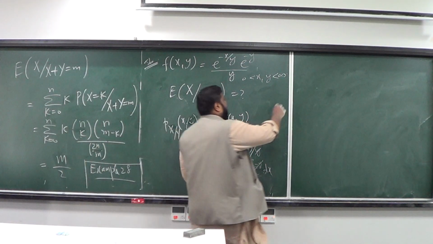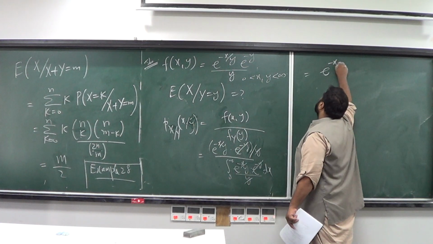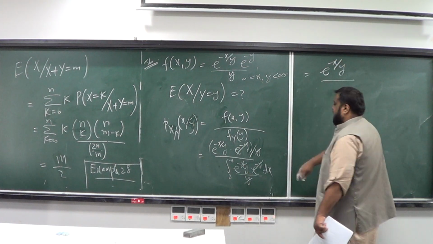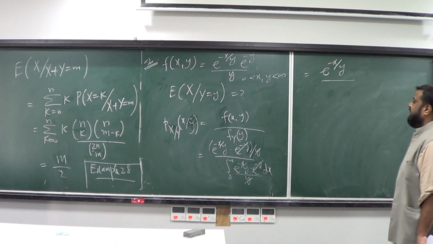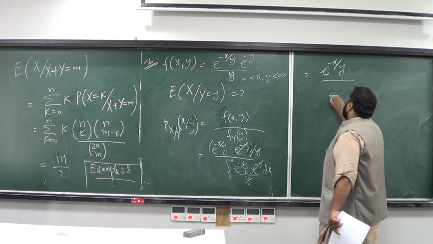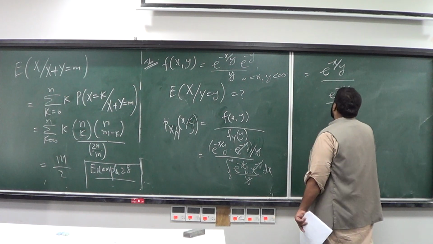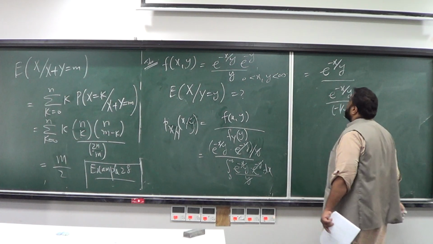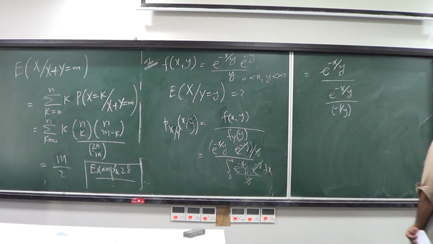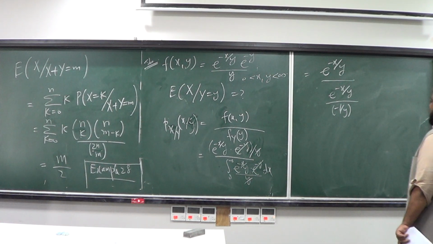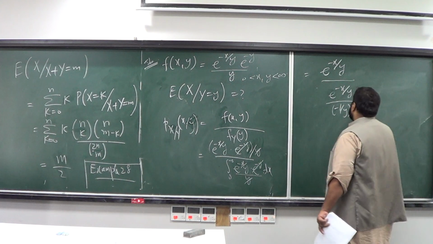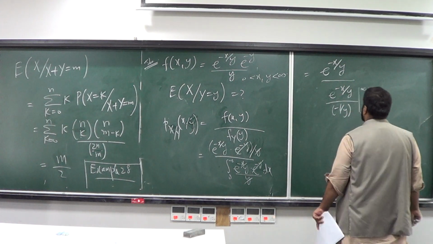So what is going to remain is e to the minus x over y divided by minus 1 over y. Then obviously you need to put the limits as well.